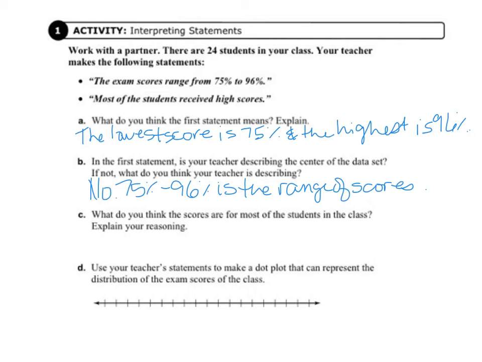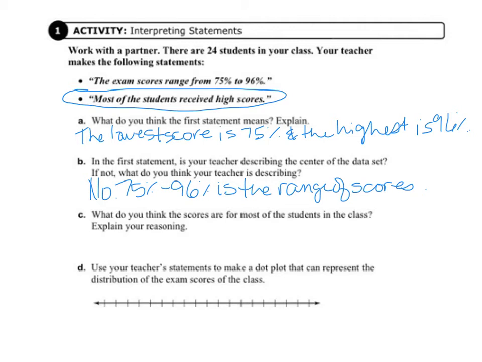Letter C asks, what do you think the scores are for most of the students in the class? And explain your reasoning. So if we look back up at the two statements that our teacher said, he or she said most of the students received high scores.